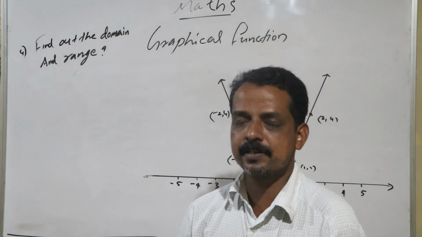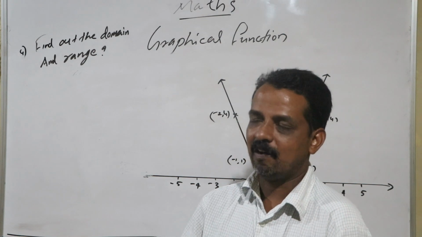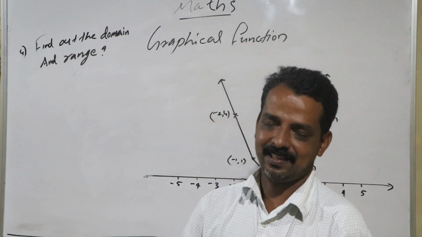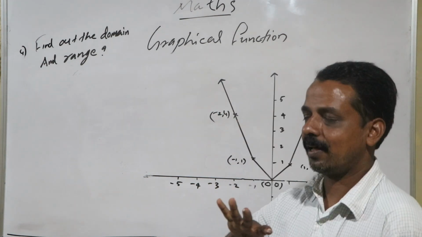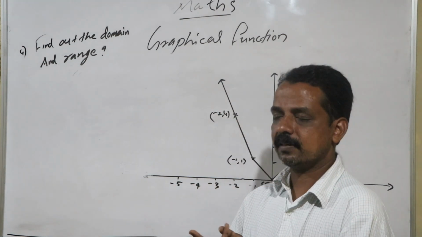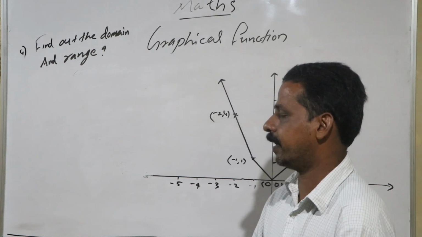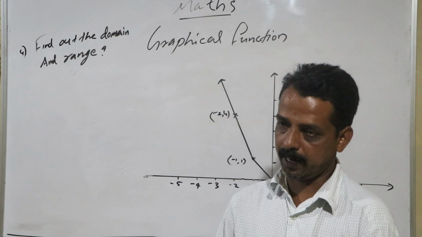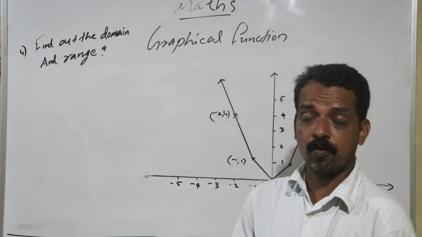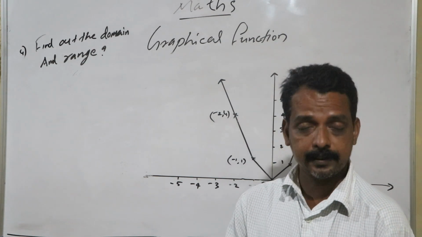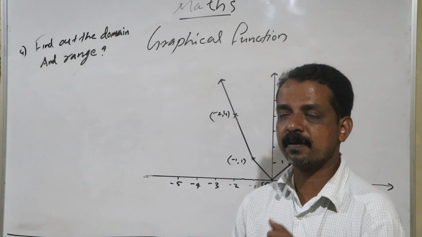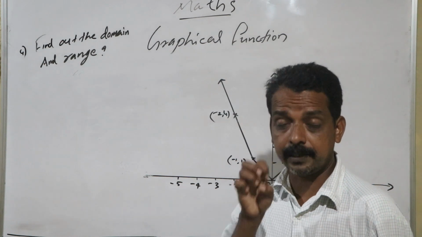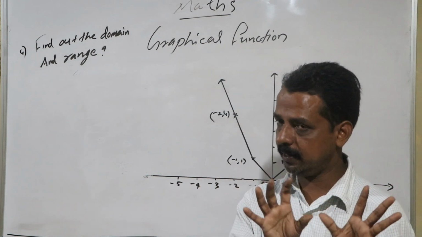The y elements, the y representatives on the y-axis, are the range. The domain is the x representative in the graph. The range is the y representative in the graph.